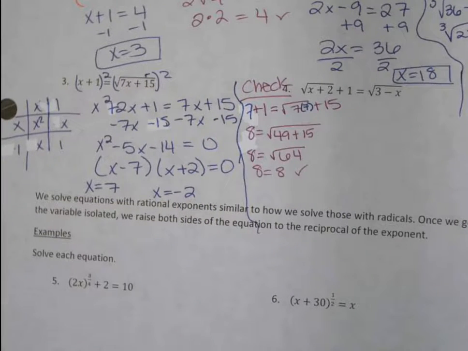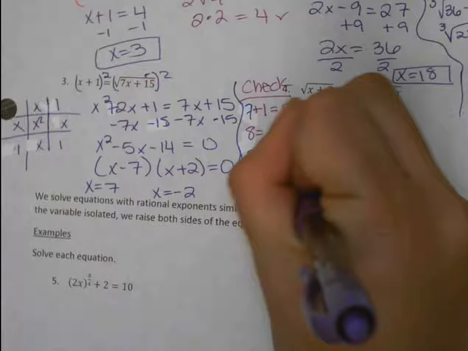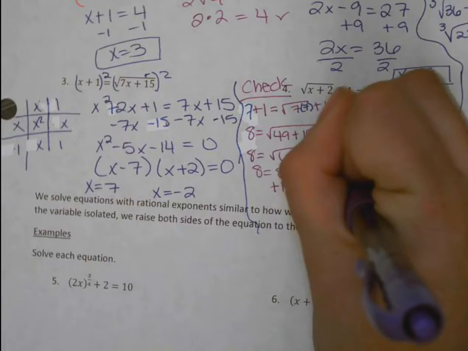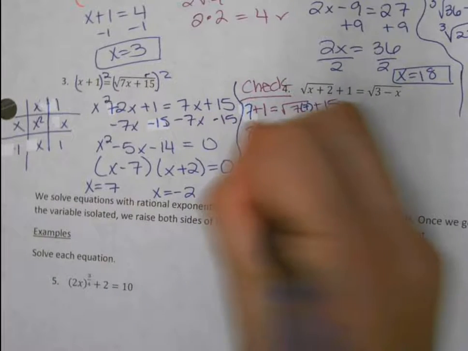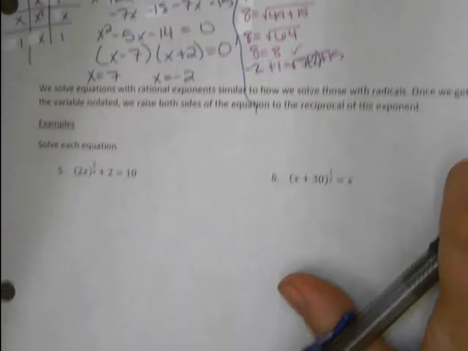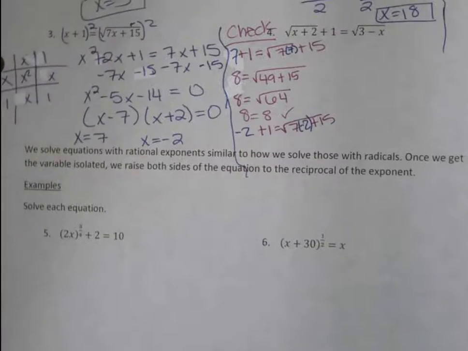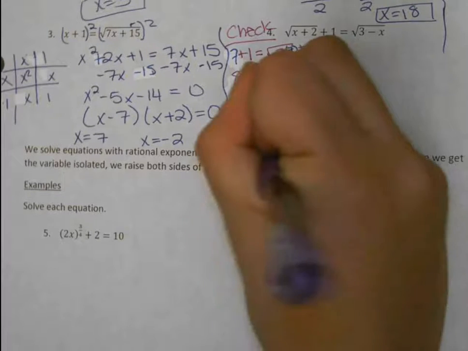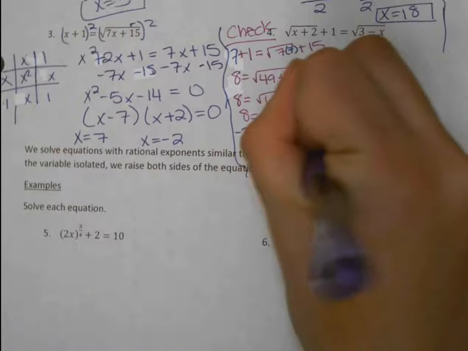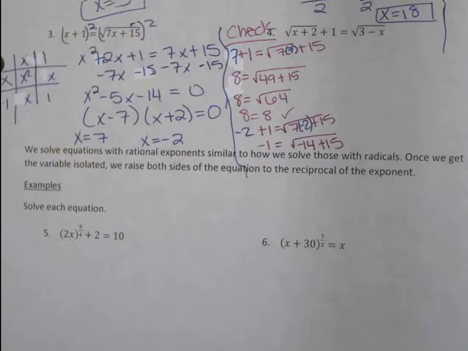Okay, so now I'm going to do the same thing with negative 2. Negative 2 plus 1 is negative 1. 7 times negative 2 is... Okay, I told you, whenever I take the square root, it's going to be a positive number.